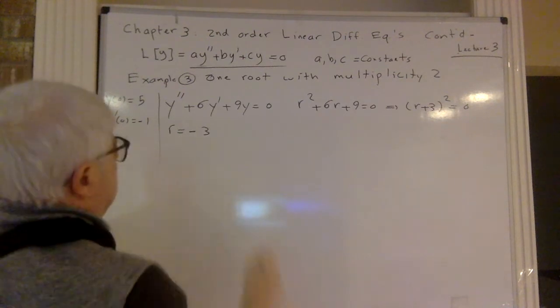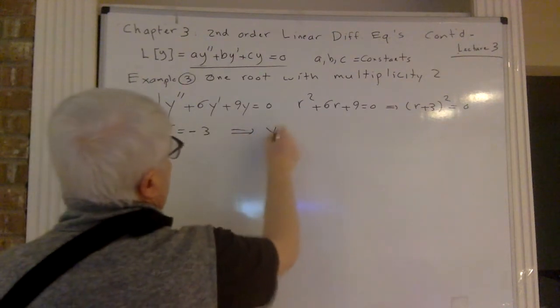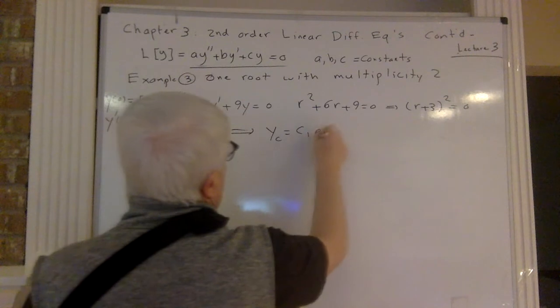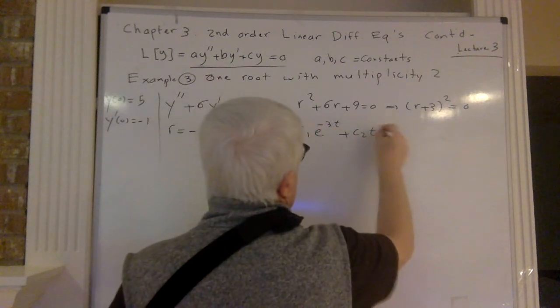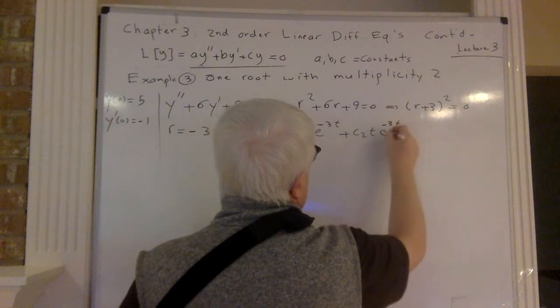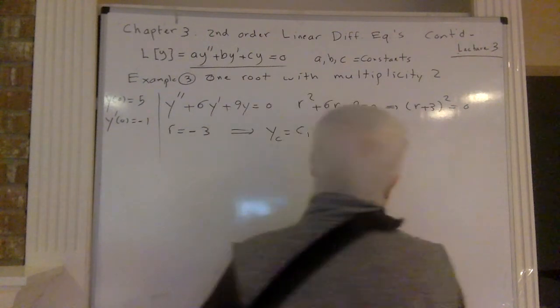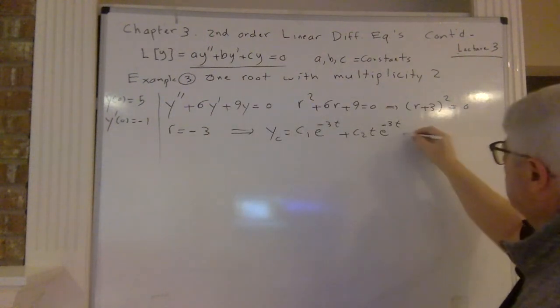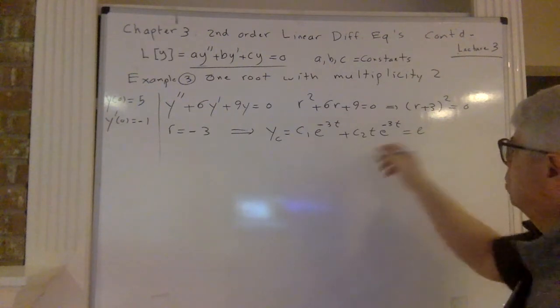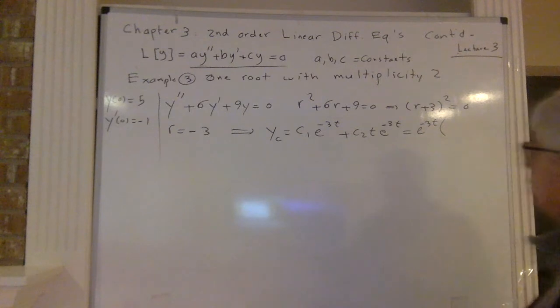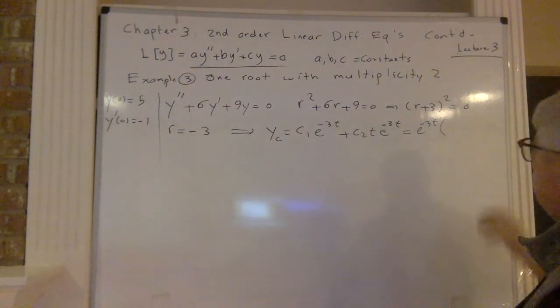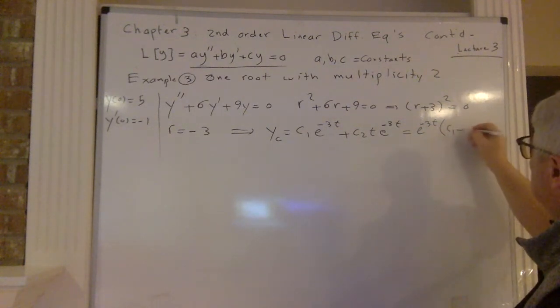Just something. Okay, so this gives me y complementary as c1 e to the power minus 3t plus c2 t e to the power minus 3t. Now, it might be better to write it like this, so when we find the derivative, because I need the derivative of this, it might be easier to write. So both of them have e to the power minus 3t, so I can write it as e to the power minus 3t times (c1 plus c2 t).